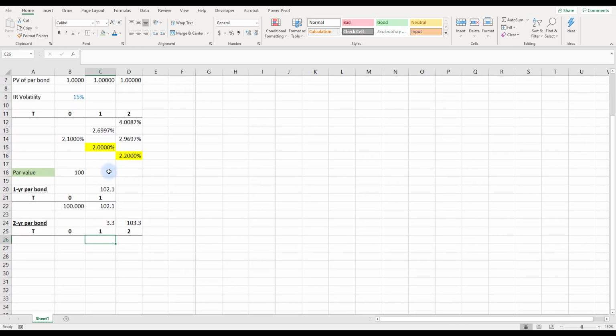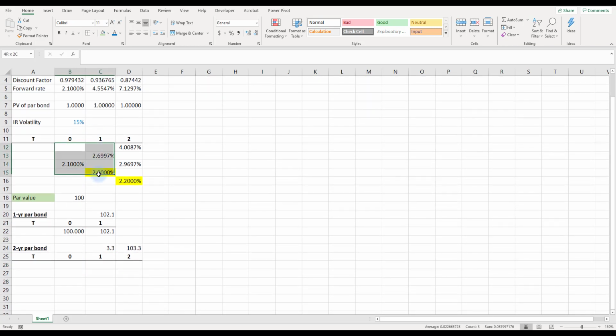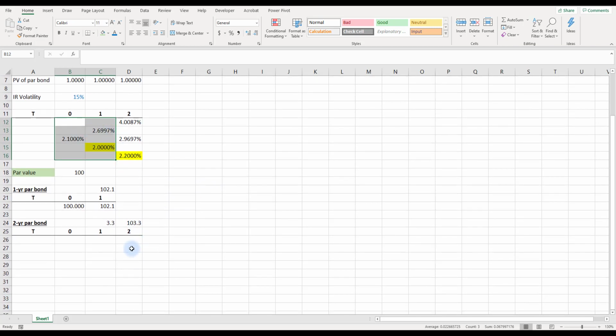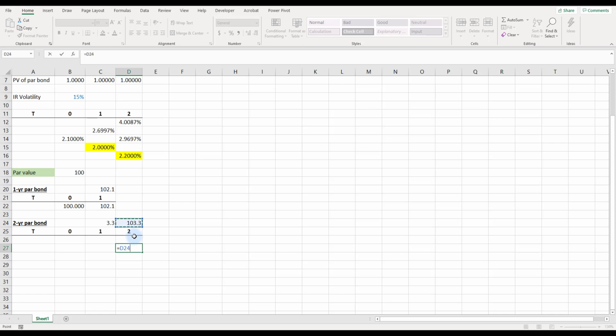Now I'm going to discount this using this interest rate tree. Okay, using this up to this part of the tree. So I'm going to follow the sequence here. So I'm going to just copy the cash flows over. Right, we have 103.3. Okay, 103.3. Then we have 3.3 here in this case. So I'm going to leave it there.